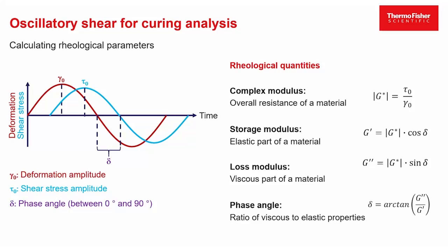But besides this, also the storage modulus as a means for the elastic part of a material, but also the loss modulus as the viscous part of the material can be obtained. This whole concept and the definitions of various rheological parameters might seem a little confusing right now, but this will all get clearer as soon as we are discussing actual measurement data.